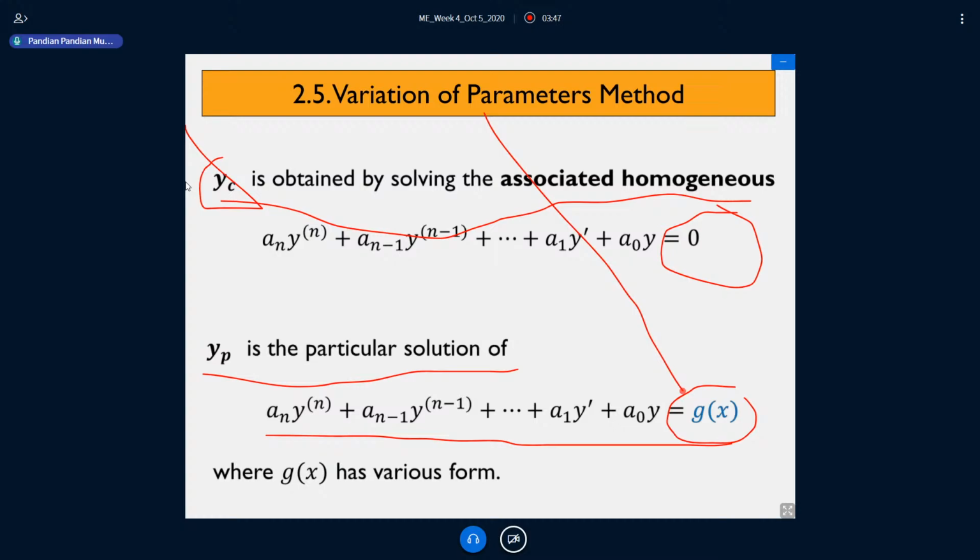So the variation of parameters method is to tackle the g(x). But the problem with g(x) is it can take various forms. So we will see for which functions the variation of parameter method is suitable when you look into this g(x).